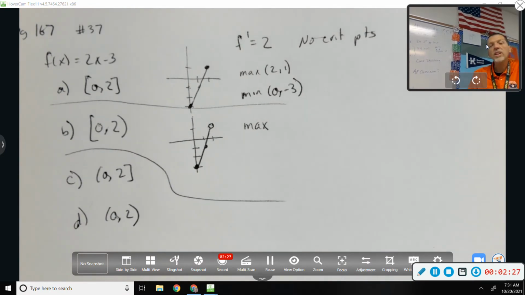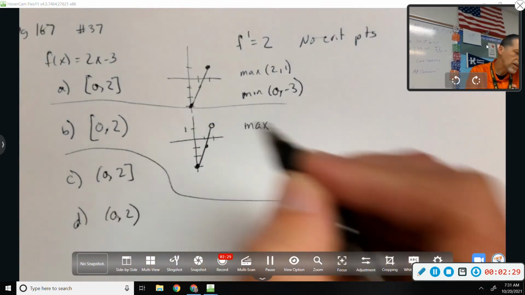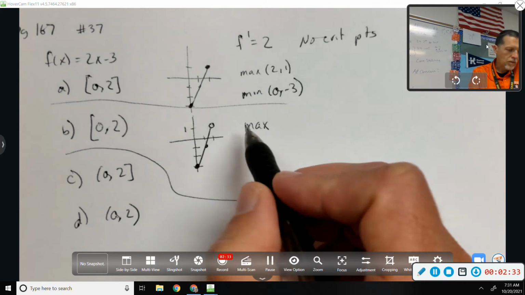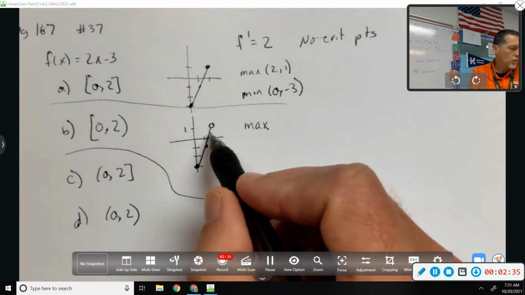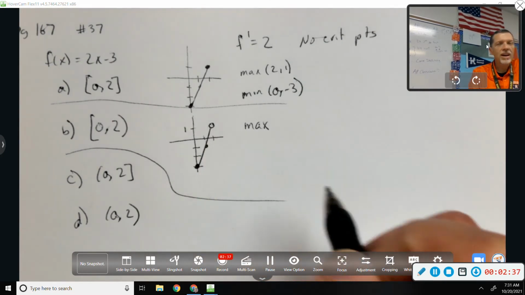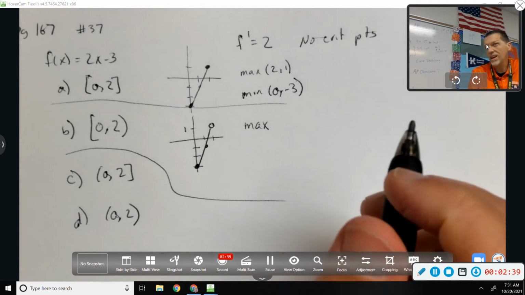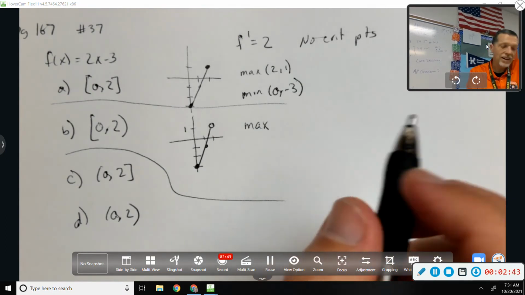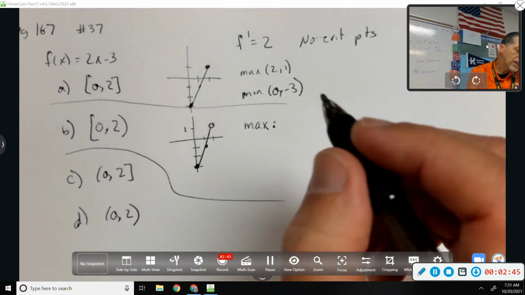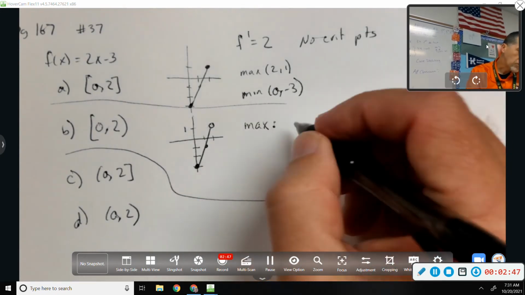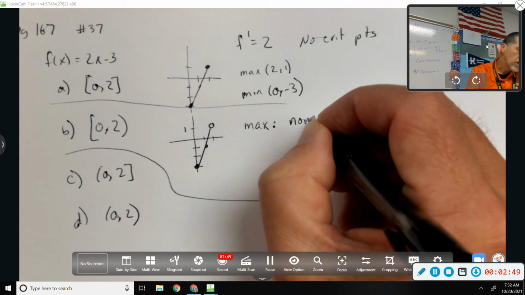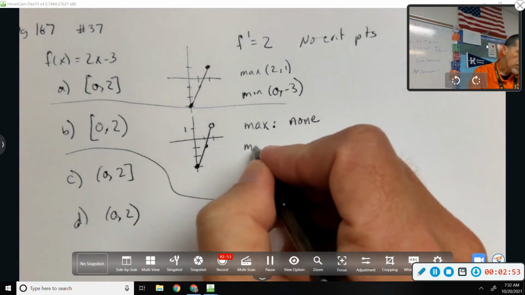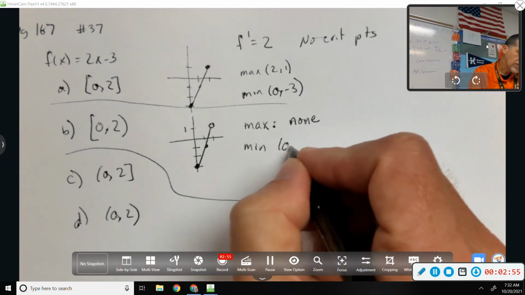You can say it doesn't get above 1, and that would be correct, but there's no maximum y value because of that open circle. It gets to 1.99, but then 1.99999, then 1.9999999. So you can't ever get an exact answer for the maximum. So you would say there's no max. The min's there, that's still (0, negative 3).